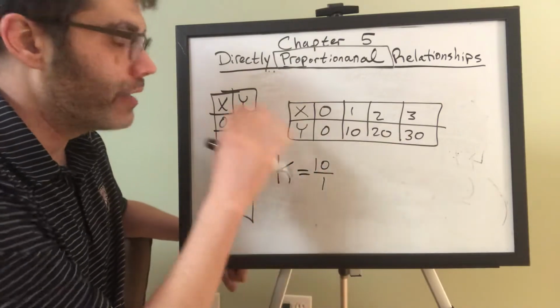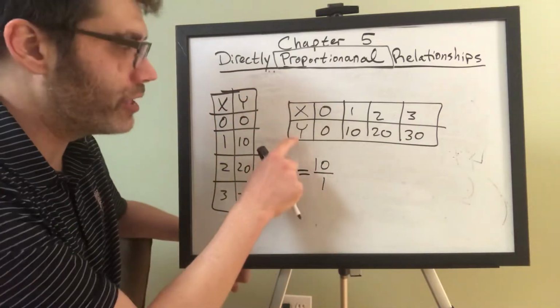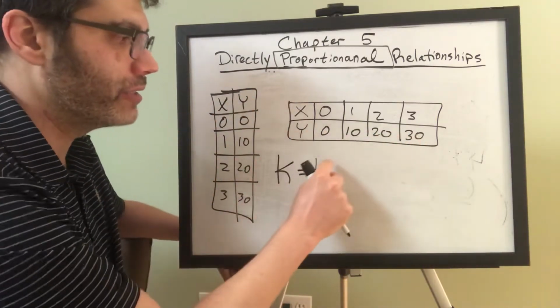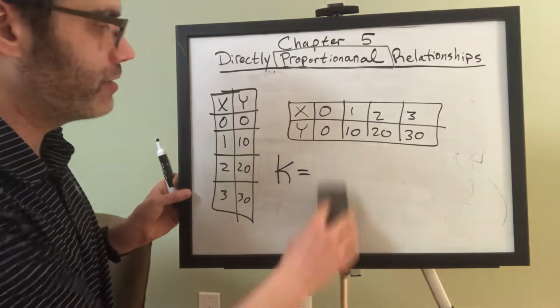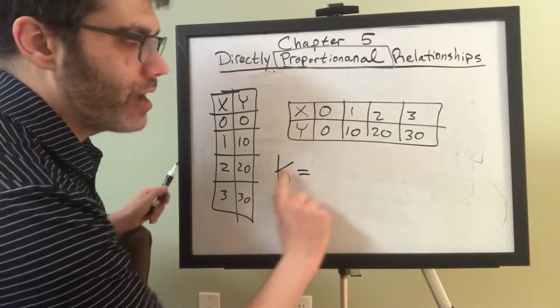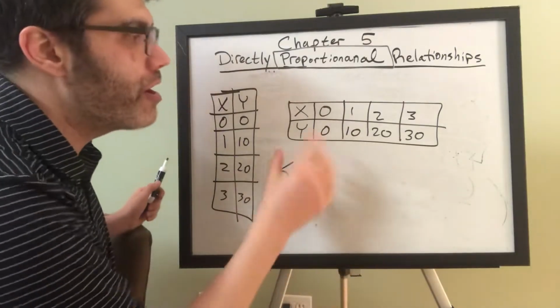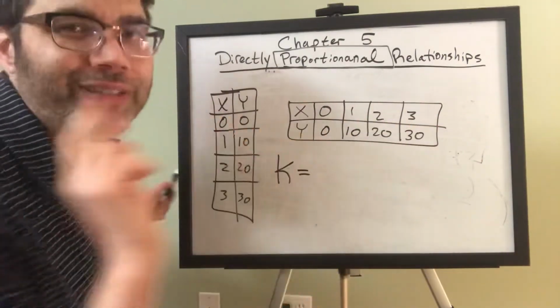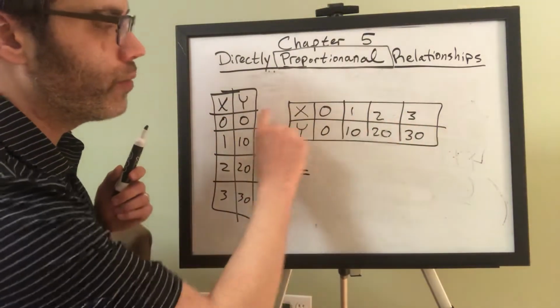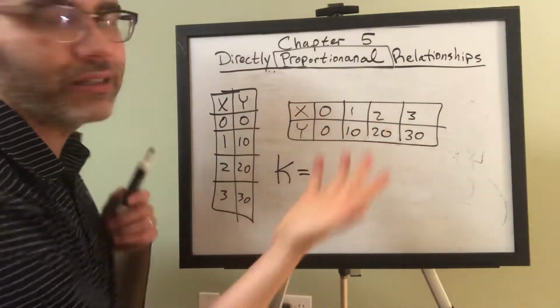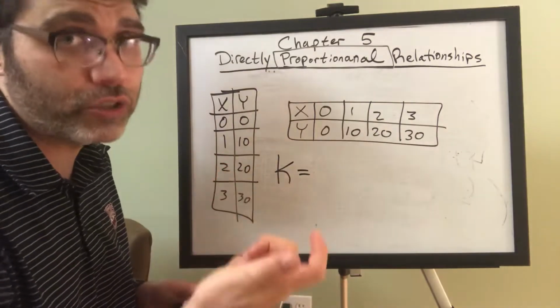Do you see that if you're going to do 10 divided by 1 here, because y is on the bottom row, it is a little confusing, but just remember that the y still stays on top. So y is always over x when you make your constant of proportionality, even though in a horizontal table, the x is going to be on the top. So you just need to know to switch it.